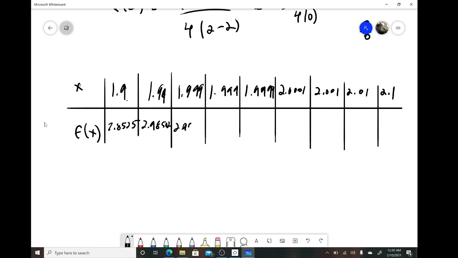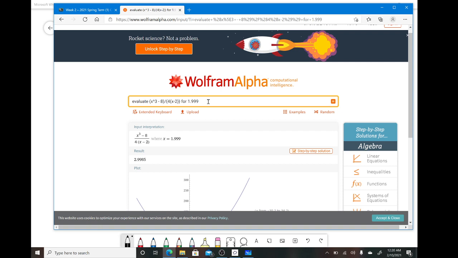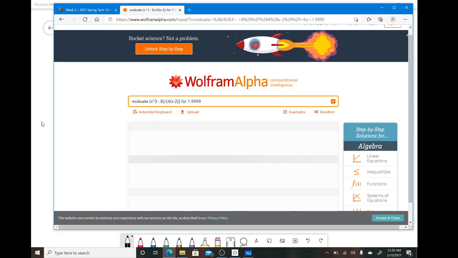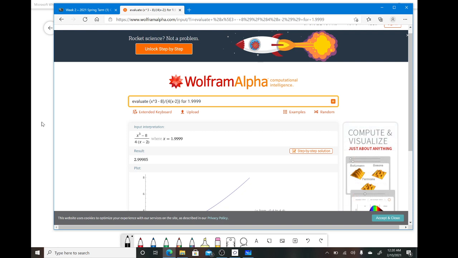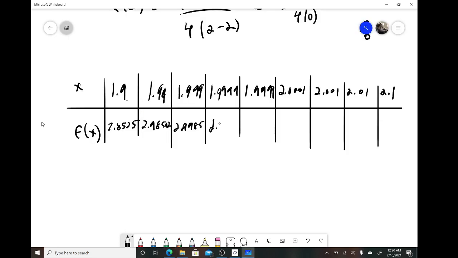As you can see, much like we saw in the picture on GeoGebra, we're getting very close to 3. Did I actually write this twice? I just realized I wrote this twice. So for 1.9999, with one extra 9, it's going to be 2.99985, and these are the same, so just erase it. That's an oversight on my end.